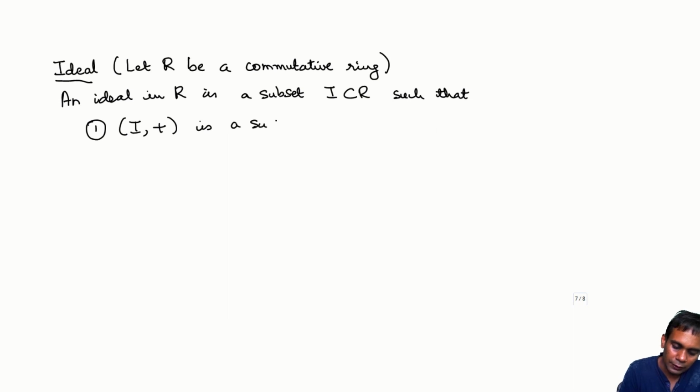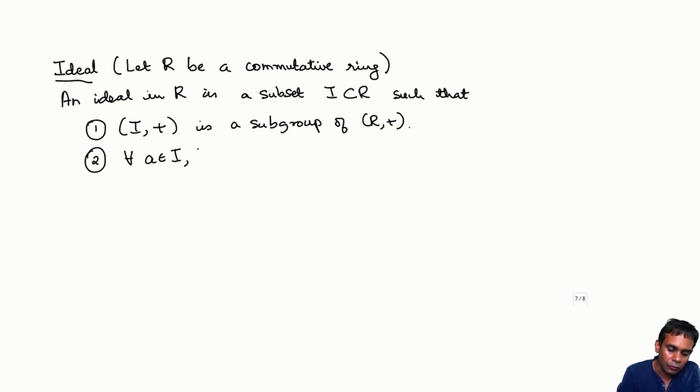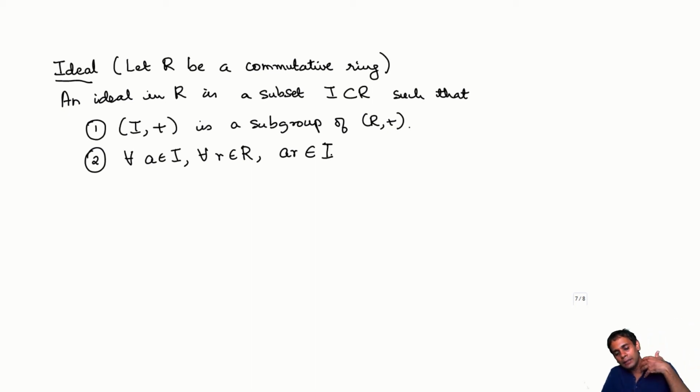It's a subgroup of R. And the second, more important property is that for all a in I and for all r in R, a times r belongs to I. So it's not just closed under multiplication inside itself, but it's closed under multiplication by any element of R.